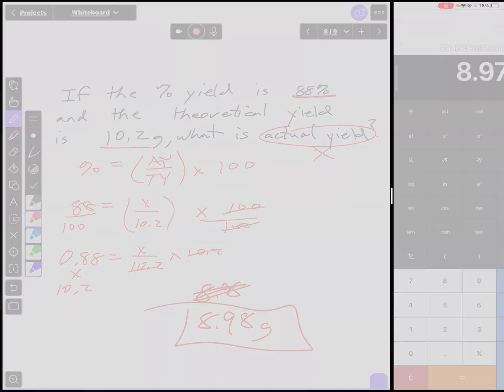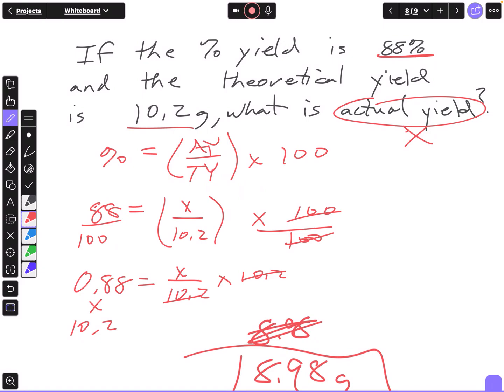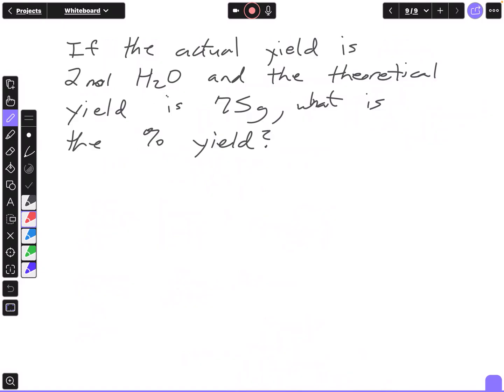Now, my last type of problem that's going to be on this test: I'm not going to give you one where you have to find your theoretical yield through stoichiometry, that three-step stoichiometry problem, like the very last one we worked on in the video and the notes the other day. We're not going to have one like that on the test. We're just going to have ones like I'm working right now and like the ones on the study guide that you're going to do.